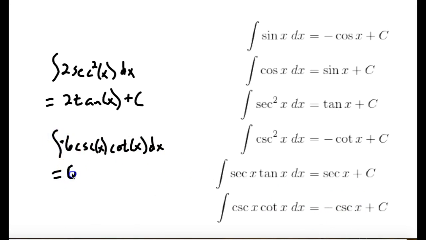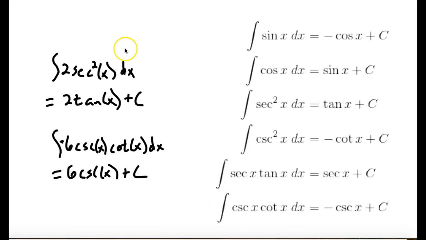So the antiderivative would be positive 6 cosecant of x plus c. Pretty straightforward, but we do need to be able to recognize these, which is why we need to have our trig derivatives memorized. We'll probably have another memorization quiz here soon. These are very important to have memorized.